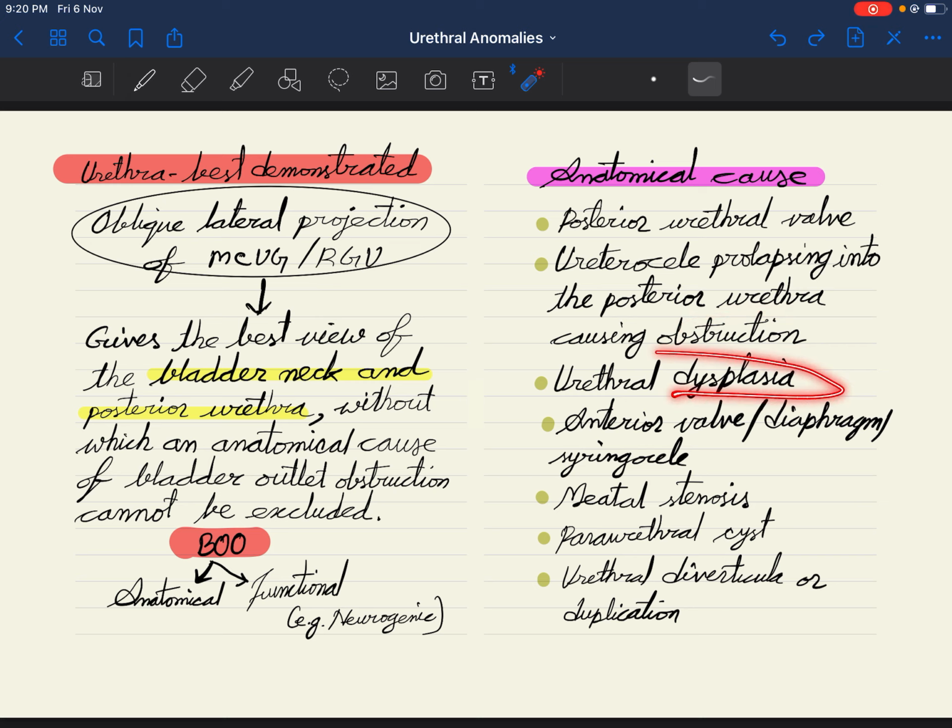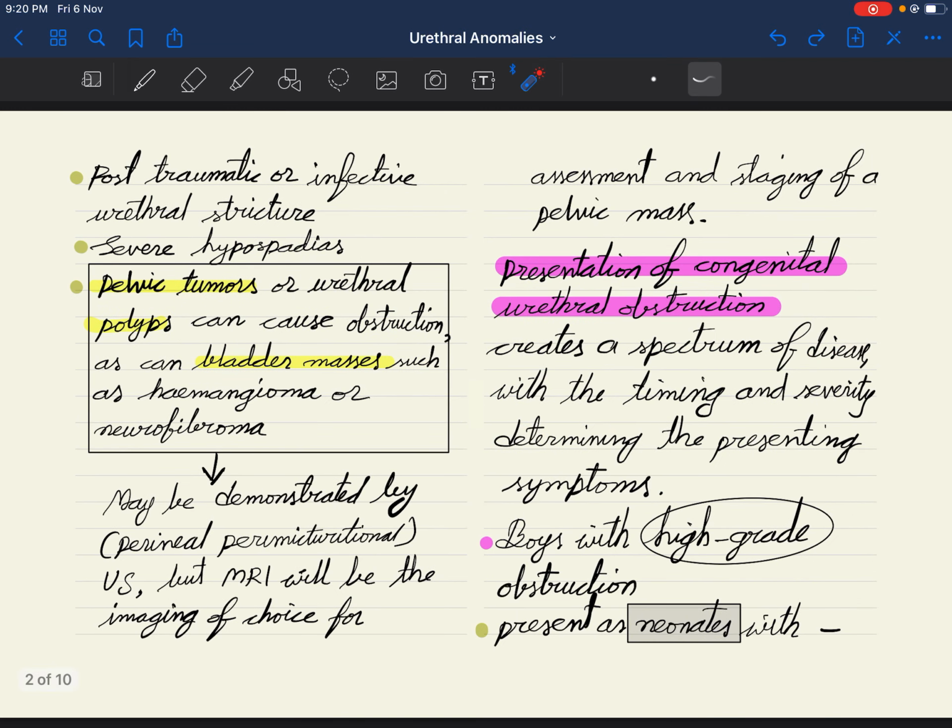Urethral dysplasia, a dysplastic urethra, may cause obstruction anatomically. Anterior valve, diaphragm, or syringocele may cause bladder outlet obstruction. Meatal stenosis is another cause. Paraurethral cyst, urethral diverticula, or duplication may cause anatomically bladder outlet obstruction.